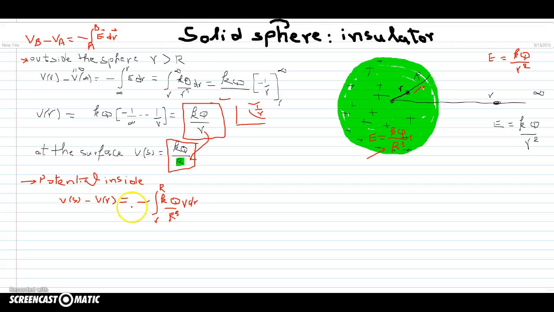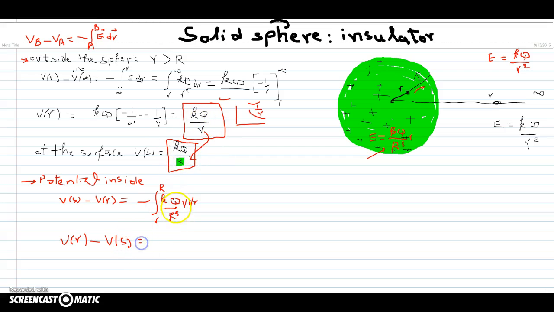Before we do that, I can multiply both sides by negative and switch the sides, so this becomes positive and this one minus, so I have V of r minus V of the surface. You are going to see why. I just brought this sign here. It's the same thing. Now I need V of the surface on the other side, which is this one.